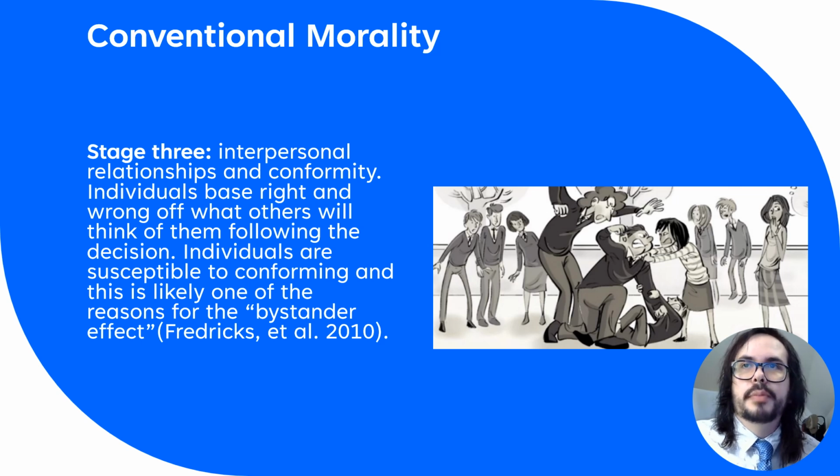This is where conformity happens. I referenced the bystander effect. Fredericks and a few other researchers suggest that the bystander effect happens because of a diffusion of responsibility, and this diffusion ultimately comes from a sense of morality that states, hey, somebody else is going to do it because there are so many people around me.